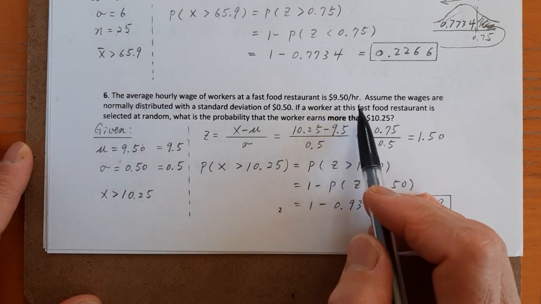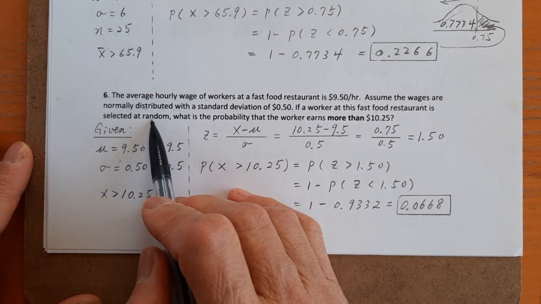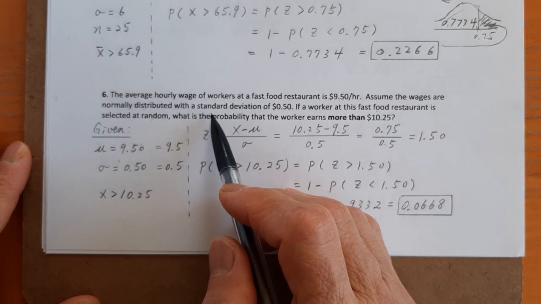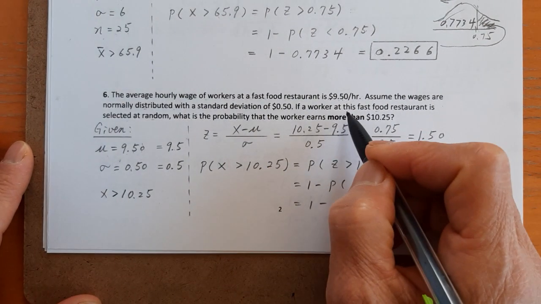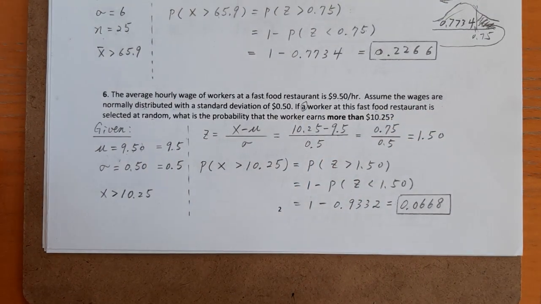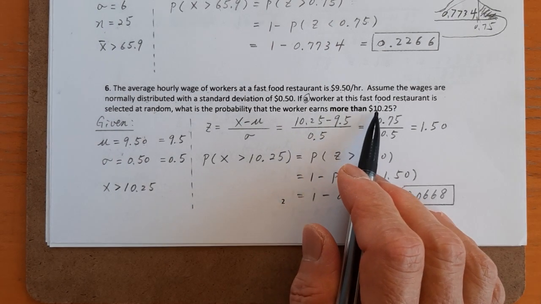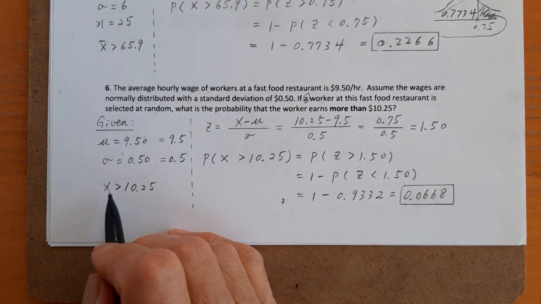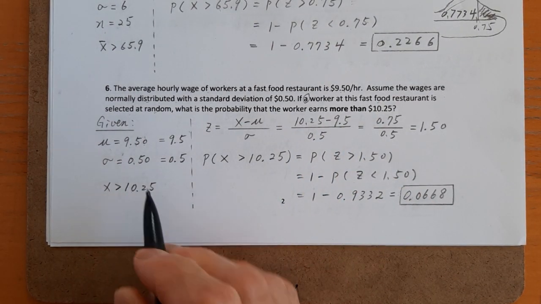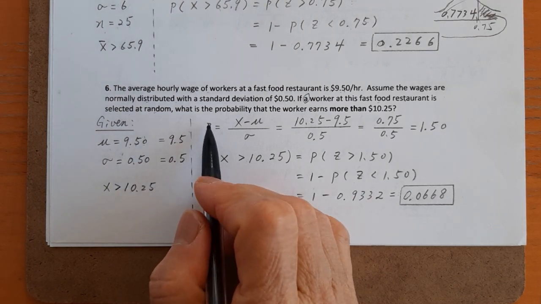If a worker at this fast food restaurant is selected at random, a worker, so n equal 1, a worker. What is the probability that the worker earn more than $10.25? So looking for x greater than 10.25 probability. So first we'll convert 10.25 to z-score.